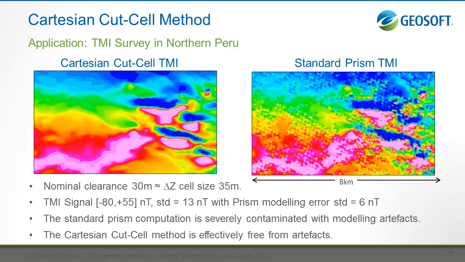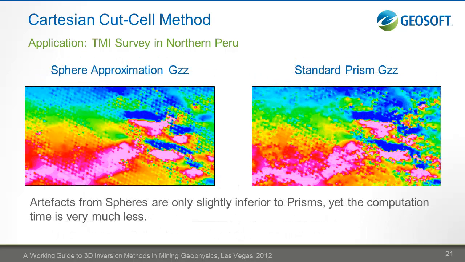Just as an aside, I was interested to compare the use of prisms as the elements in the model to using spheres. So we're using an equivalent sphere rather than a prism, and the effect of using spheres is somewhat worse than using prisms.